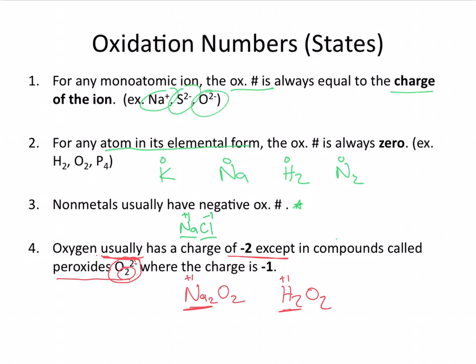And with that being the case, since there are 2 sodiums over here, this right here has to be a peroxide ion. Same thing is true here. And if it's a peroxide ion, that oxidation number will be -1 and -1 respectively. So make sure you keep an eye on it. Sometimes these can get you caught up a little.